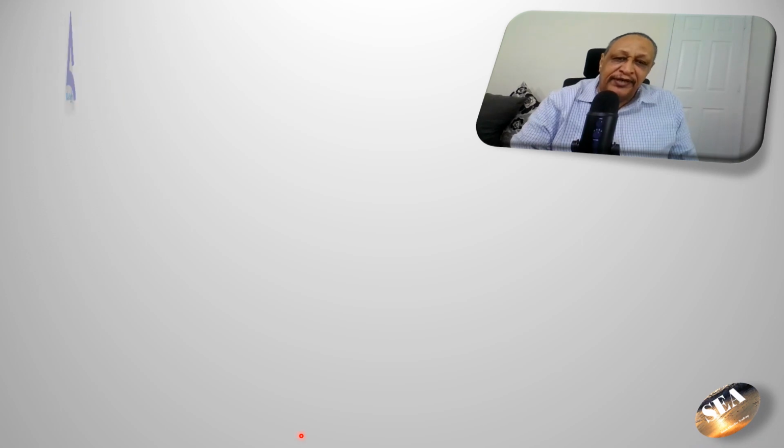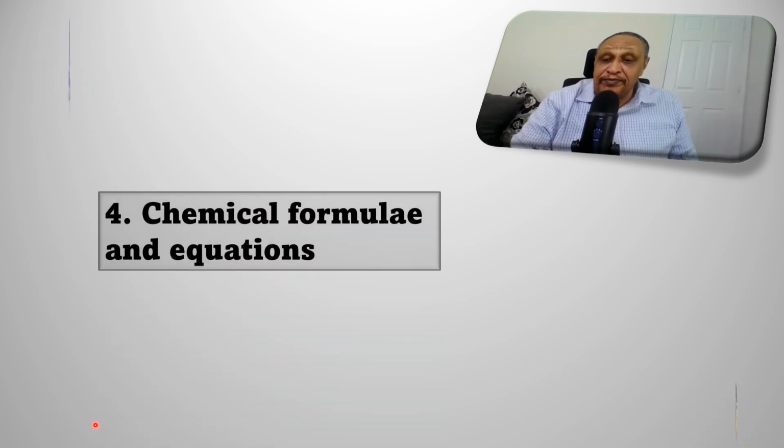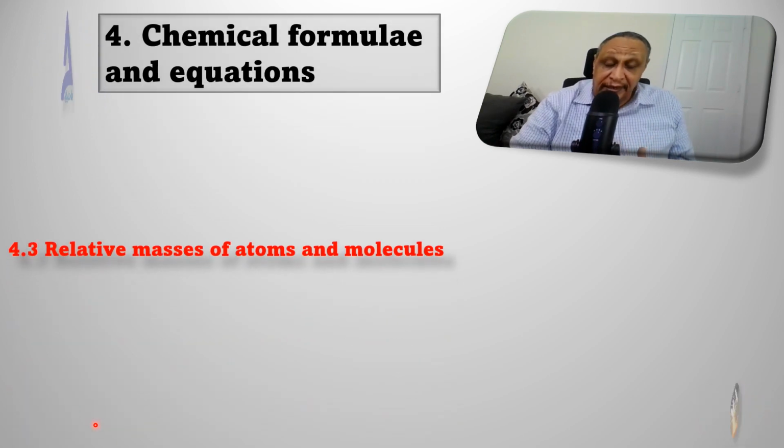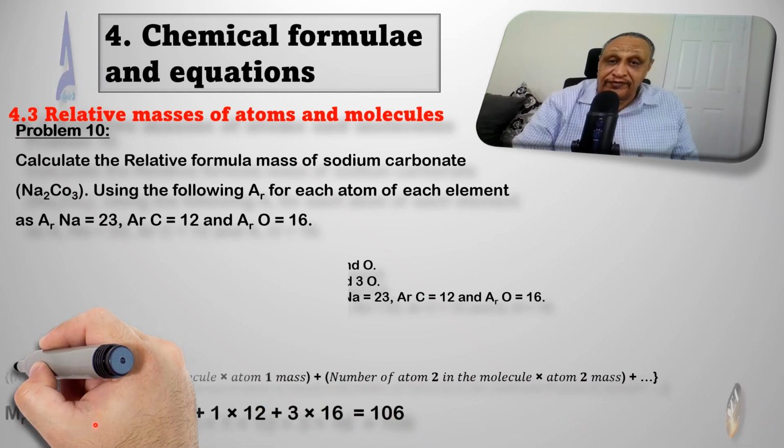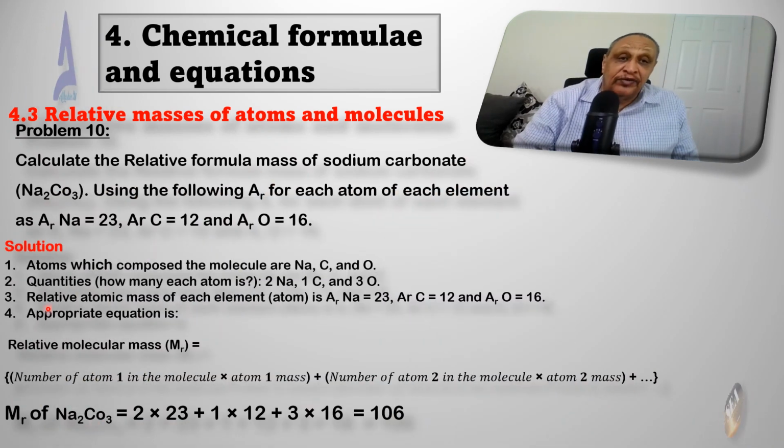Number 10 is also an easy one. Just a compensation if you follow the protocol. It is about the relative mass of sodium carbonate, which is here, using the following relative masses. So it gives you the relative masses.